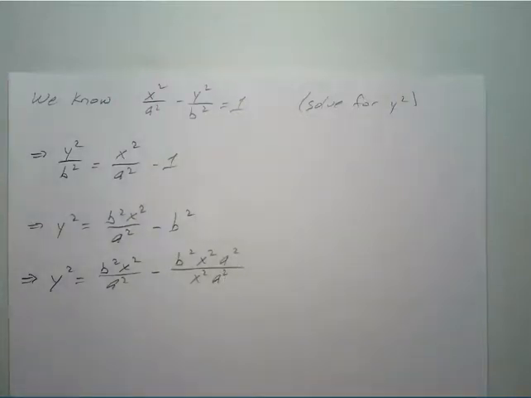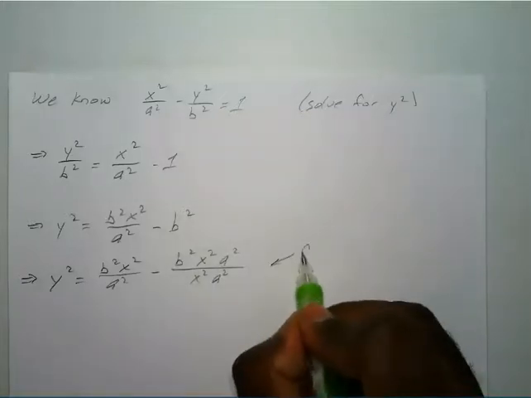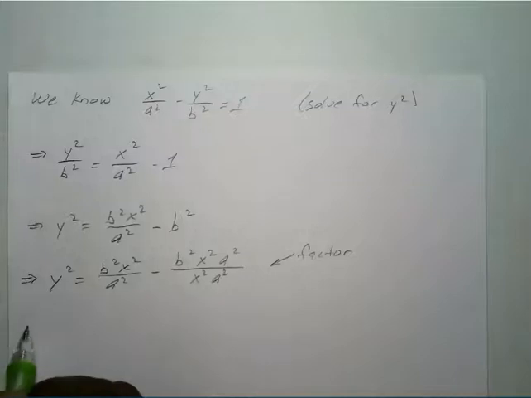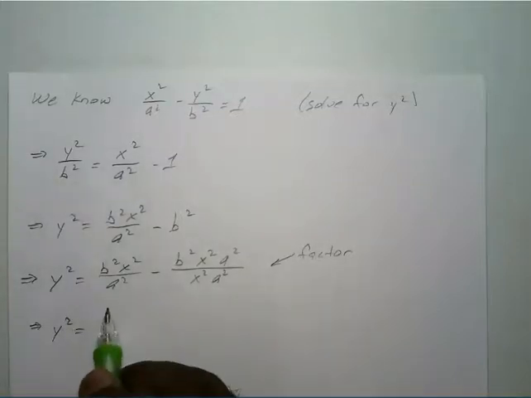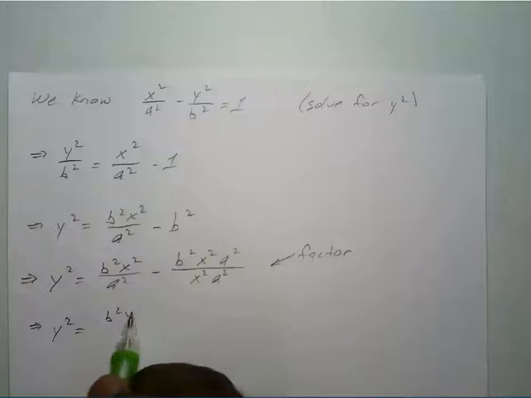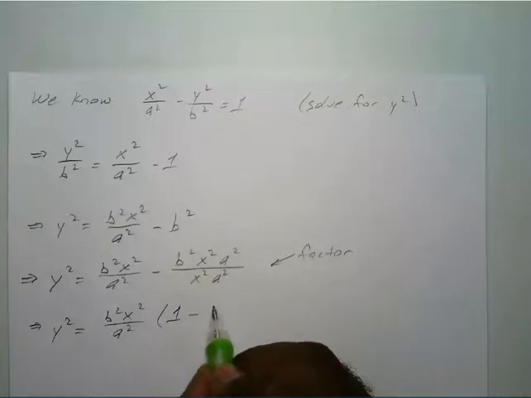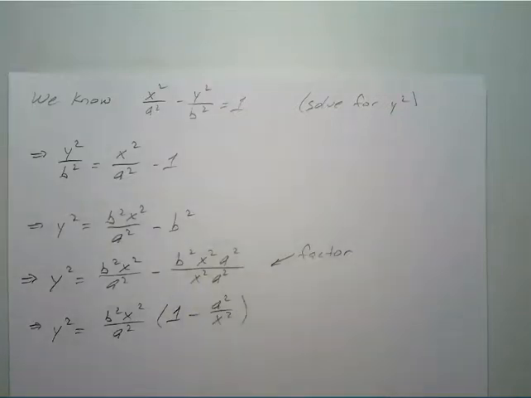Okay, so technically we just multiplied it by 1. So now we're going to factor out the greatest common factor. Which means that y squared will equal b squared x squared over a squared times 1 minus a squared over x squared.